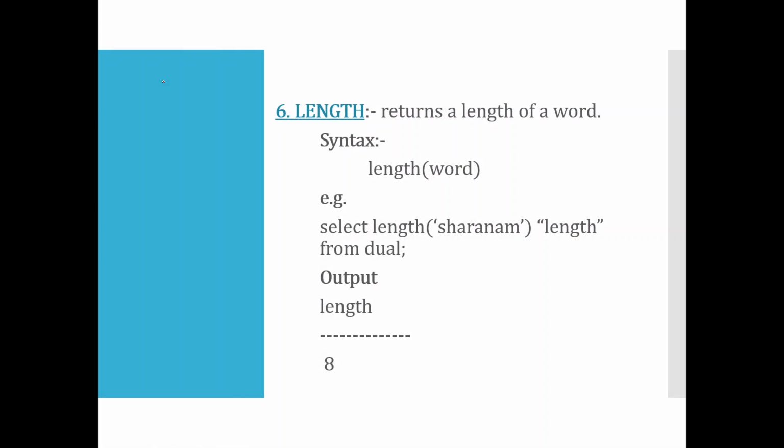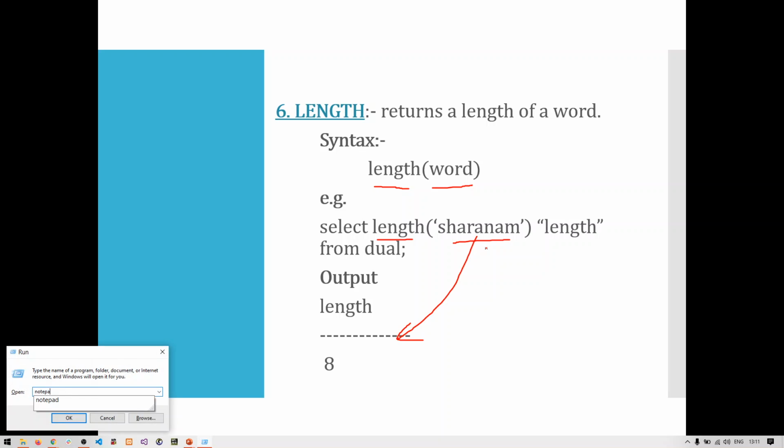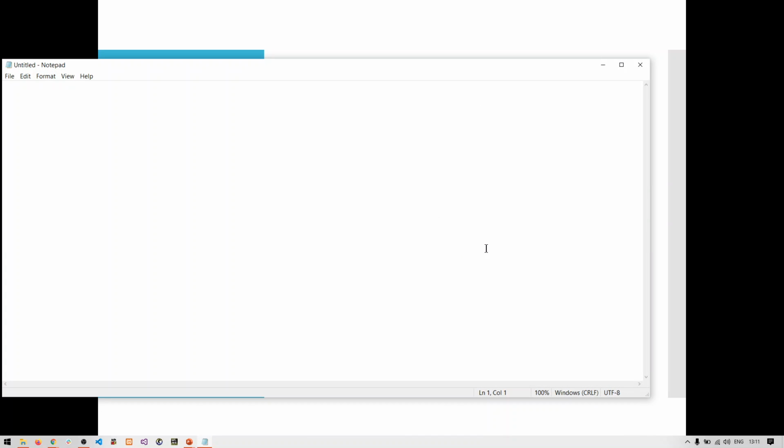Next is length. That means if you want to find out the length of a particular word, then we use the length function. So select length and this text. So it will give the total number of characters in a particular string. So let us take an example here.